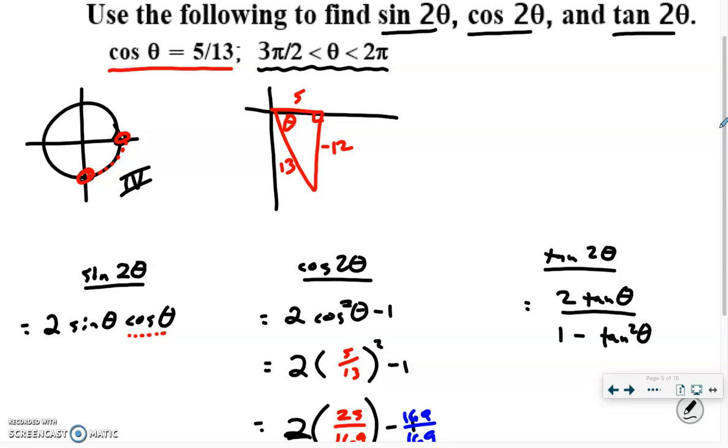So as we said, when it comes time for us to use the sine double angle formula, I need to know the sine of theta. So using this triangle now, we can establish that sine, opposite over hypotenuse, is going to be negative 12/13. When the time comes for us to plug into the tangent double angle formula, we will need to know the tangent of theta. So using that same triangle, opposite over adjacent, negative 12/5 is going to be my tangent.